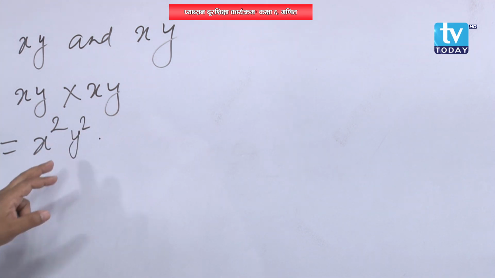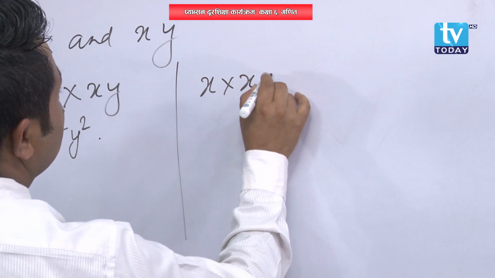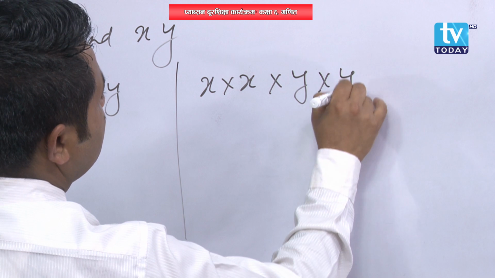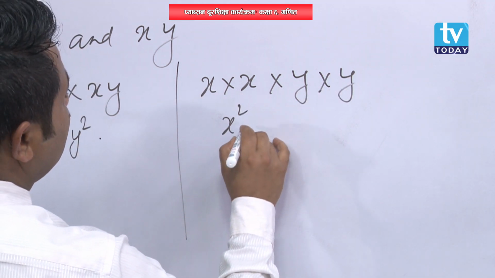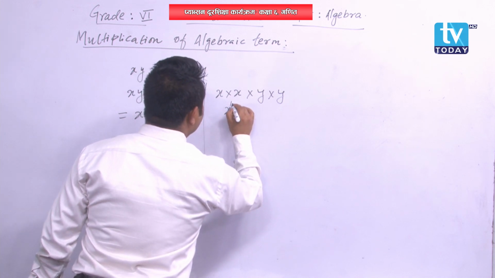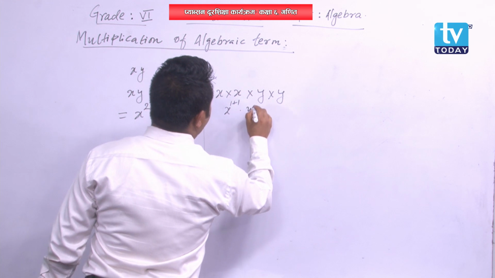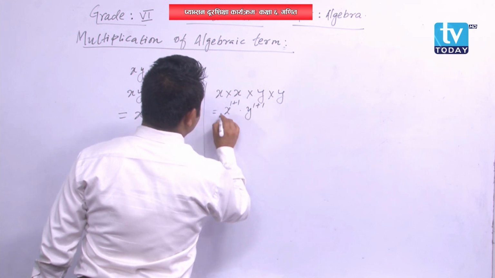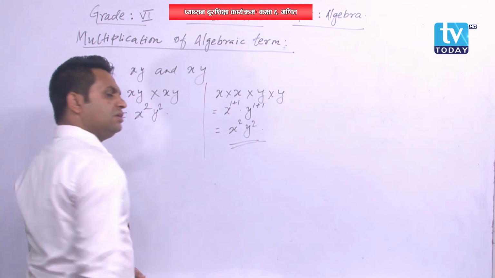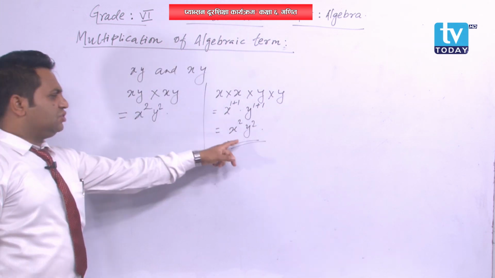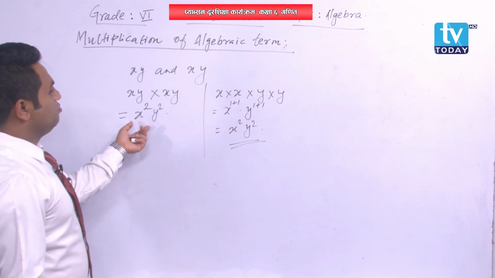So this is the solution. Otherwise x into x into y into y, in this way also you can do. Then x into x will be x square, or you can write 1 plus 1, because the power of x is 1, the power of x is 1, and similarly for y, so we get x square y square. Is that clear? In this way also you can do, but this one is simpler.